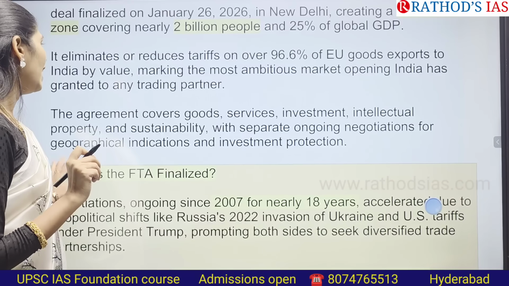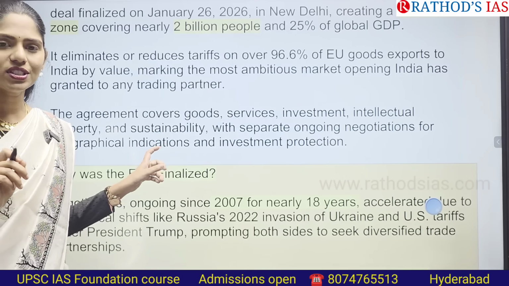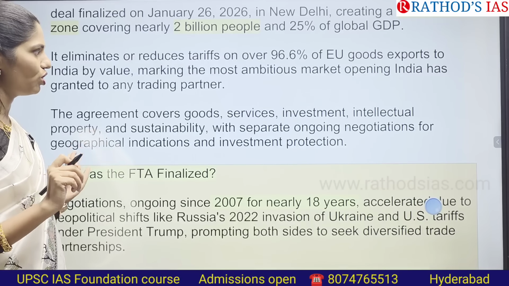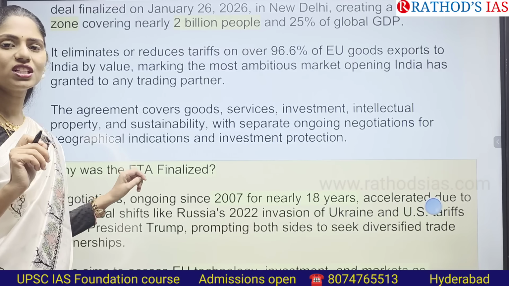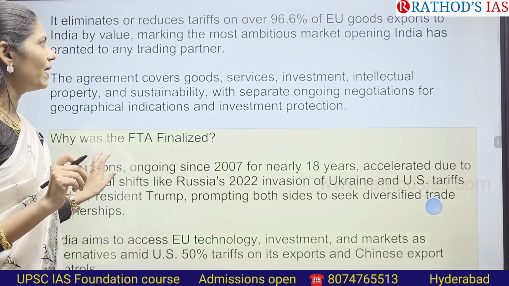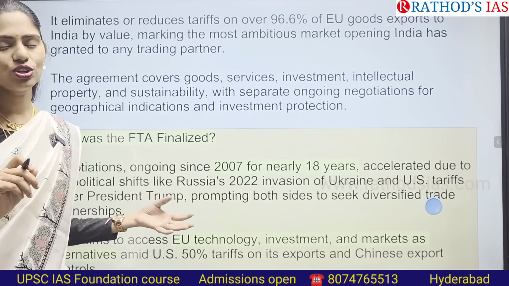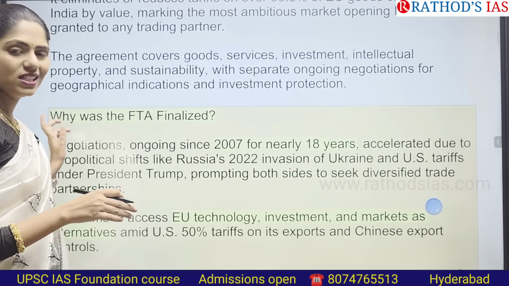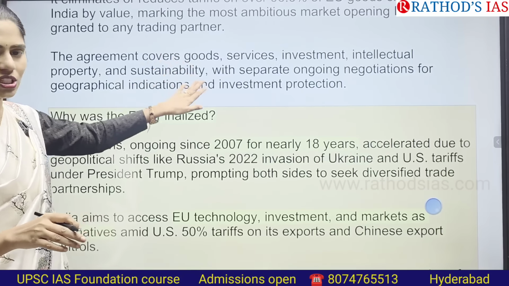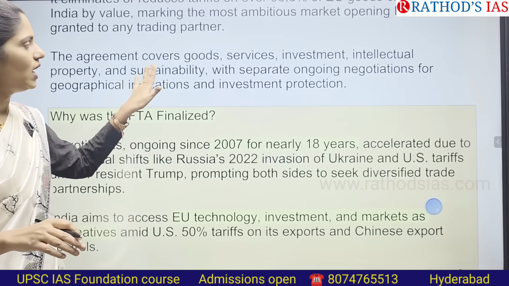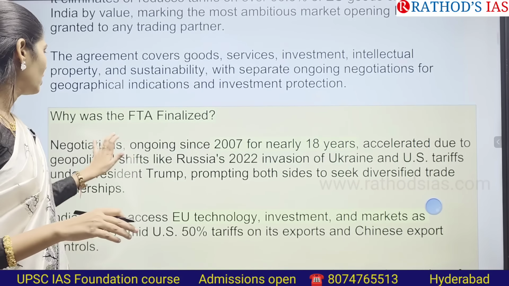It eliminates or reduces tariffs, that is, taxes or duties, on imports and exports of around 96.6% of European goods exports to India by value, and it is also going to open doors for Indian goods. This agreement includes goods, services, investment, intellectual property, and sustainability.